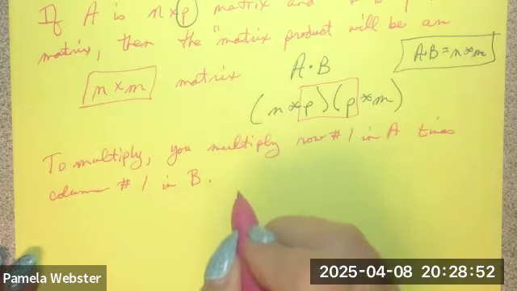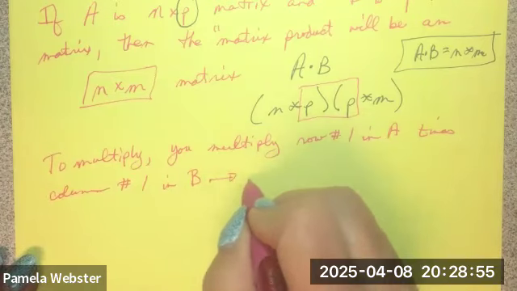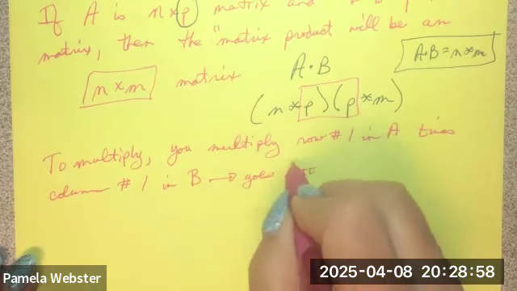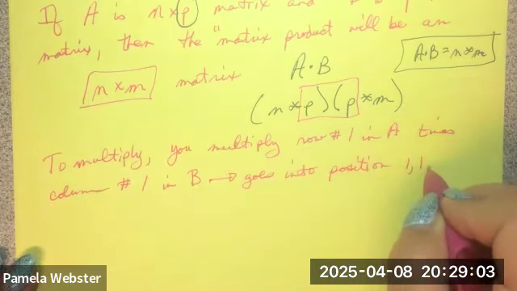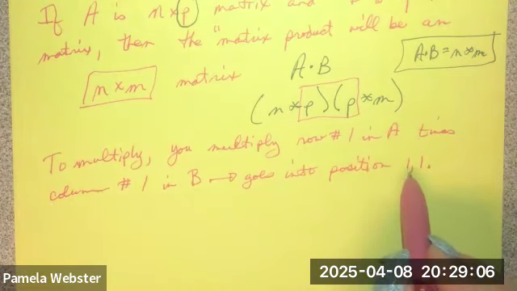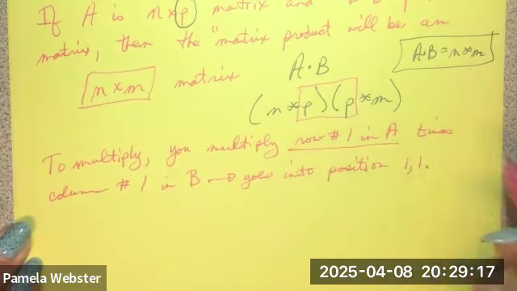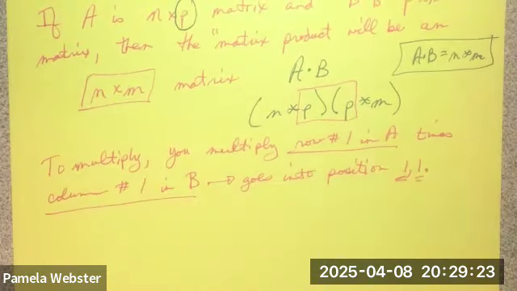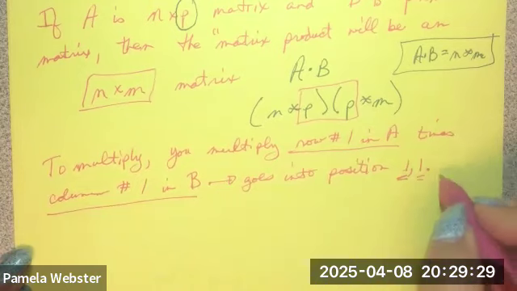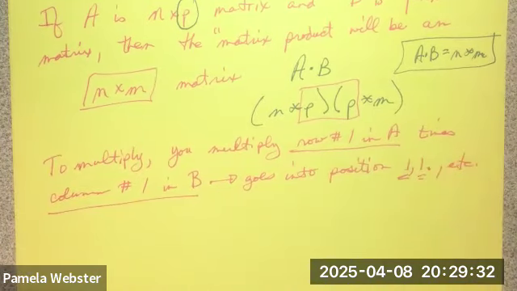Whatever that answer is, that answer goes into the position 1,1. Remember, whenever I talk about positions inside of a matrix, this is the row and this is the column. So this is row 1, column 1. And look, that matches with what I pulled: I pulled row 1 from A and column 1 from B. That's the position it's going to take up, and so on and so on. We'll see how that looks in just a second.